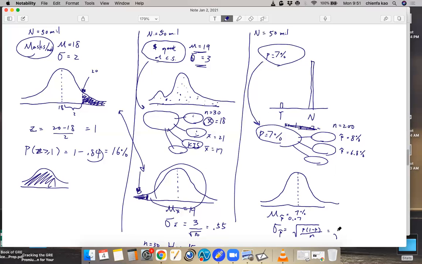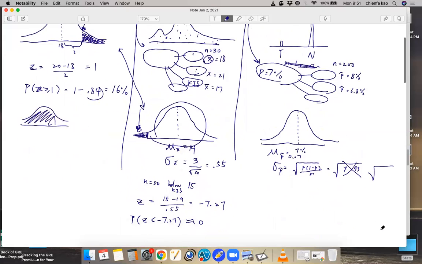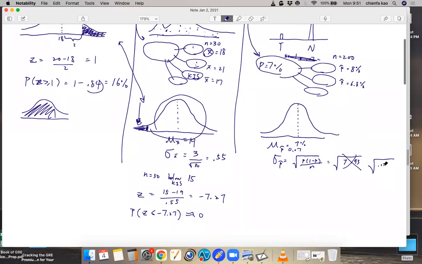So it's going to be, please don't write 7 times 93. Don't do that. You have to write 7% times 0.93 divided by sample size of 200. And I also calculated this number beforehand. It becomes 0.018. So that is the standard deviation of the sampling distribution of the sample proportion.